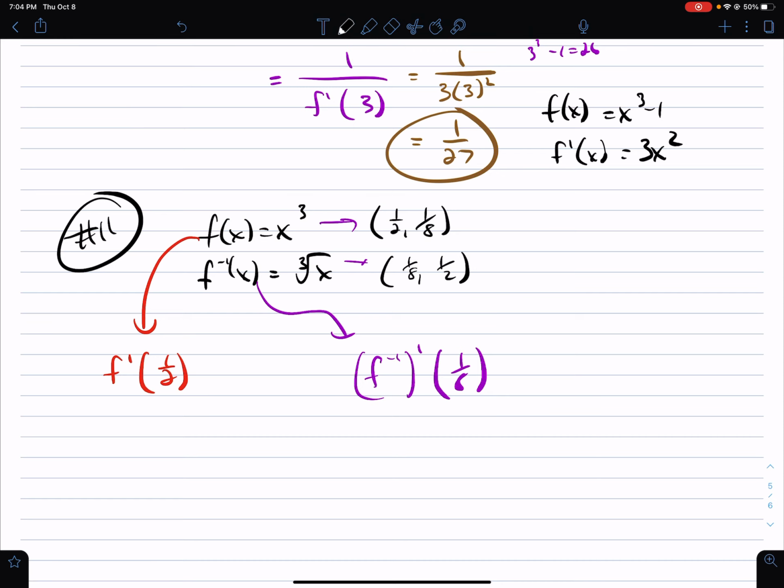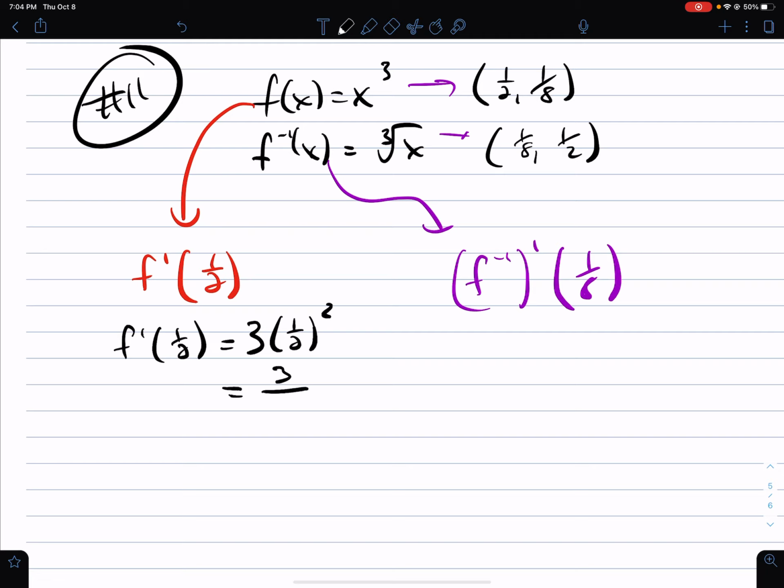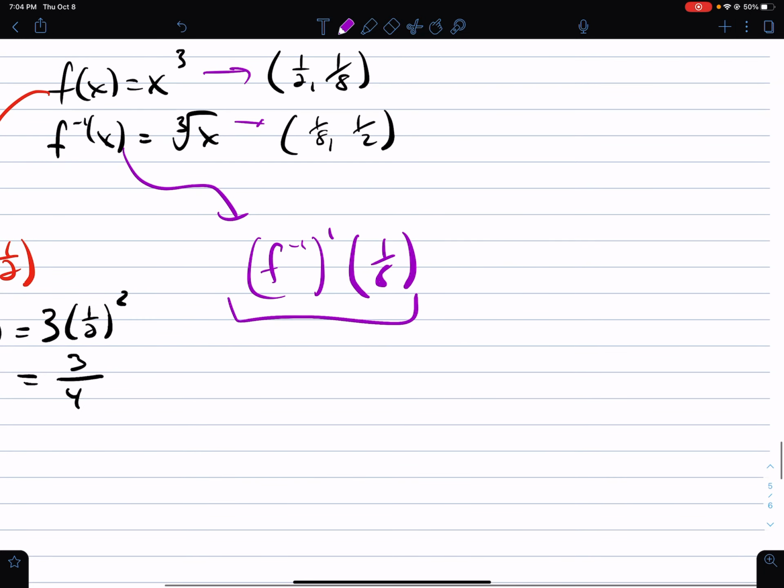So with this one, f prime of 1/2 should be fairly easy, right? f prime of 1/2 would simply be equal to 3 times 1/2 squared, which is 3/4. Now coming over here to the inverse, we have to set up our formula. The derivative of an inverse is 1 over the derivative of its function, just evaluated at the input of the inverse.